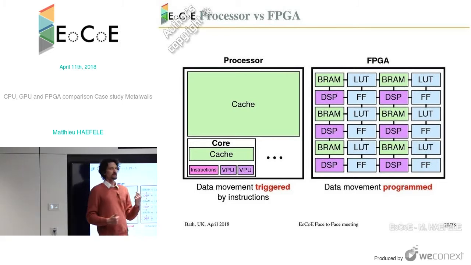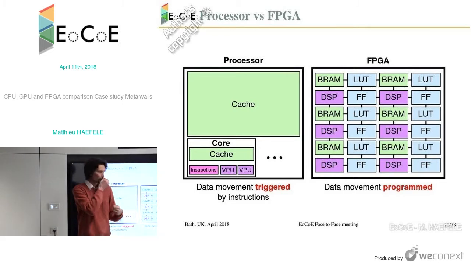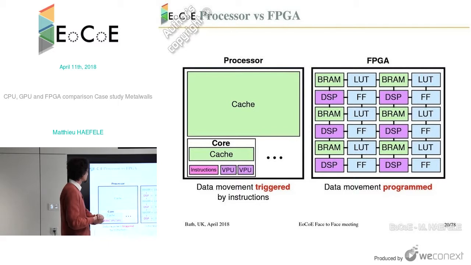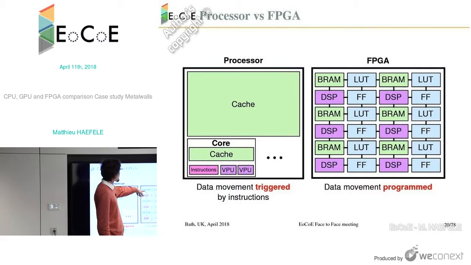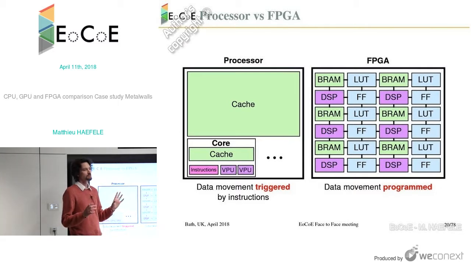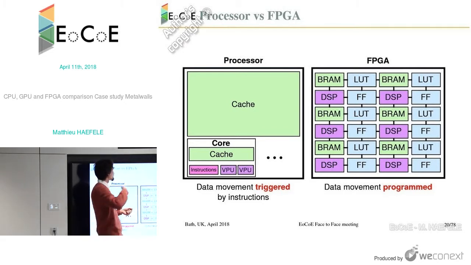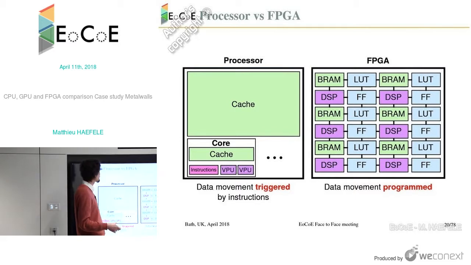An FPGA is not a processor. I will discuss a bit the different bricks. What you program is how data moves inside the chip. So you have different elements. You have BRAM, which you can think of as a kind of cache. It's more local memory, where you can pull some data from memory and put it on the chip in some specific very fast memory.